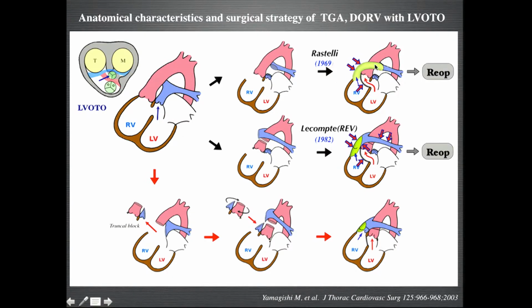And in some cases redo procedures for left ventricular outflow tract obstruction. Then the Nikaido procedure and the truncal switch procedure, and this half truncal switch procedure is the same.